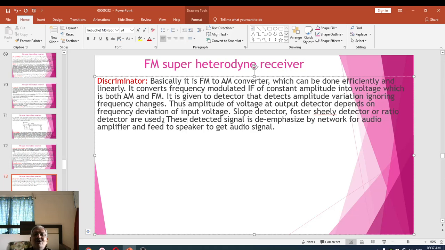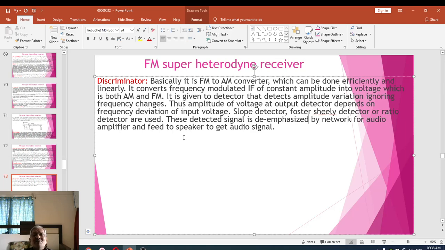Now here, the audio frequency signal is separated from the FM modulated wave, and this detected or separated recovered original information signal is de-emphasized by the de-emphasis network, and then it is given to the audio power amplifier, where the audio frequency electrical signal is amplified, its power level is amplified, which is driven by means of a driver amplifier stage, and so the amplified audio power signal is given to the speaker.